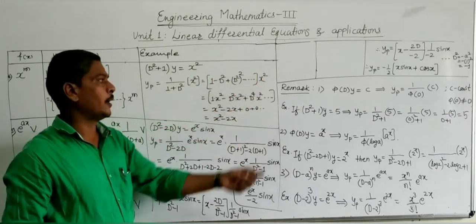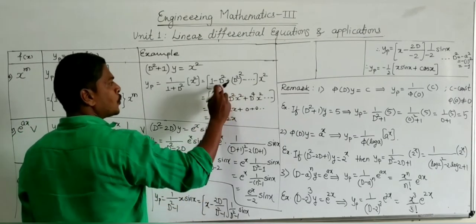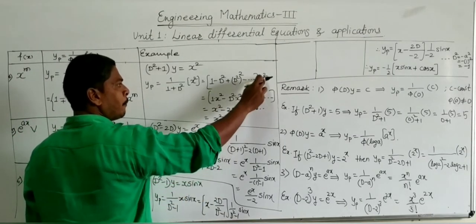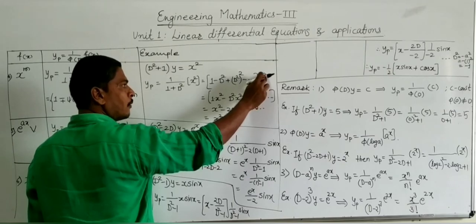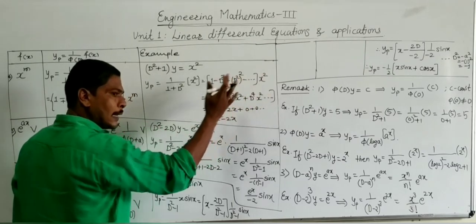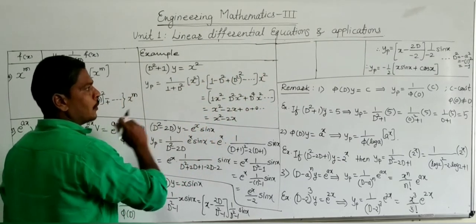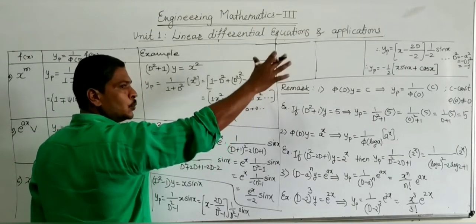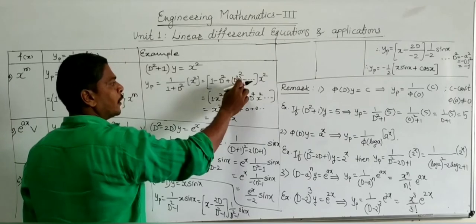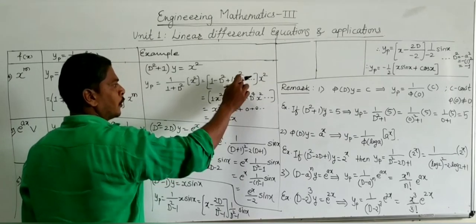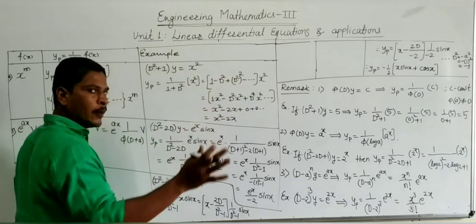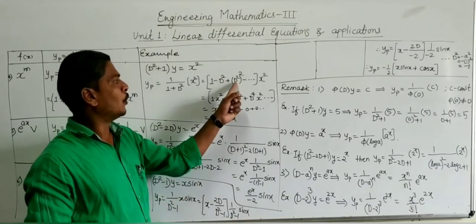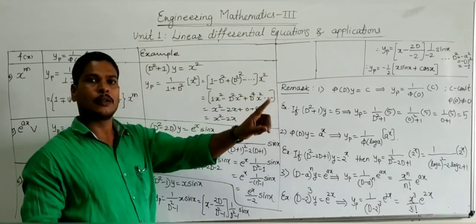And now take those terms of D having power either equal to the power of x or less than the power of x. So we don't go beyond power 2. That means if there is a term D raised to 4, then eliminate this term, because the fourth derivative of x square is 0.